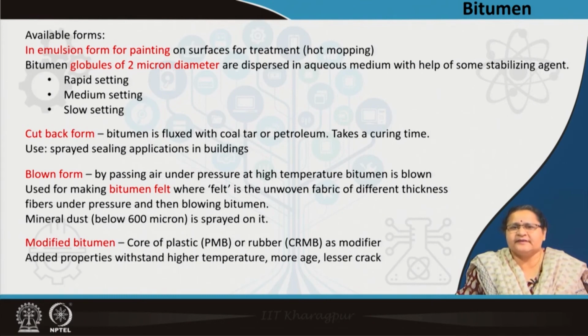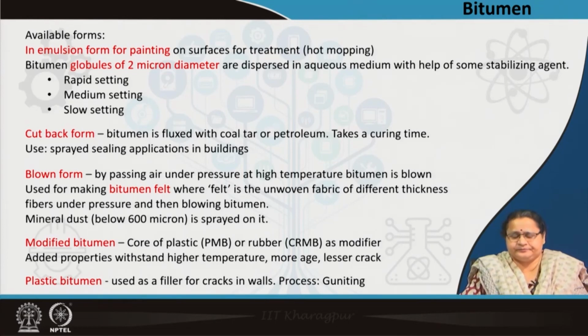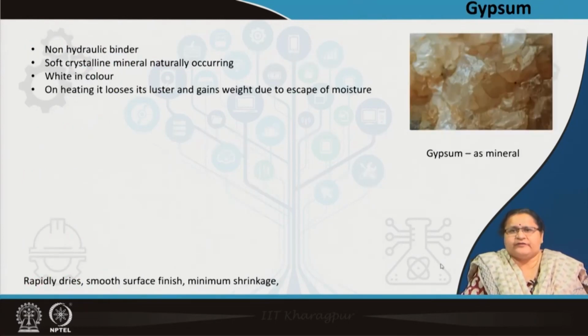It may have use in large spans of roofs. Plastic bitumen again is used as filler in cracks on walls. It is pushed through by the process of guniting or by grouting in foundations, etc. So, after laying bitumen, I hope you understand how friendly this black, dark, ugly material is to a building.